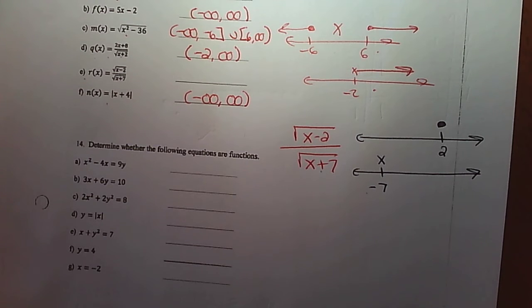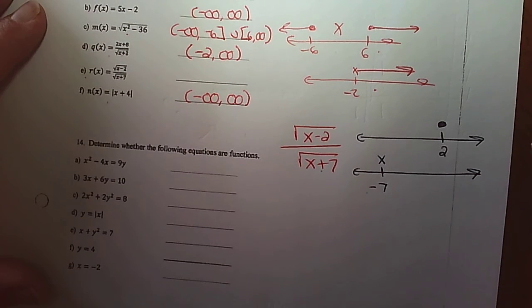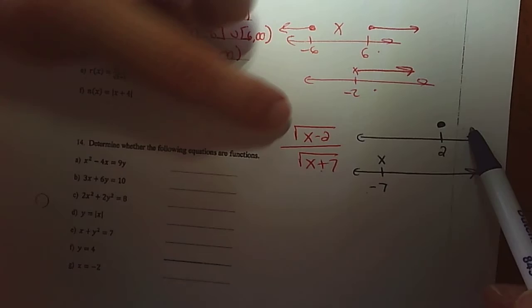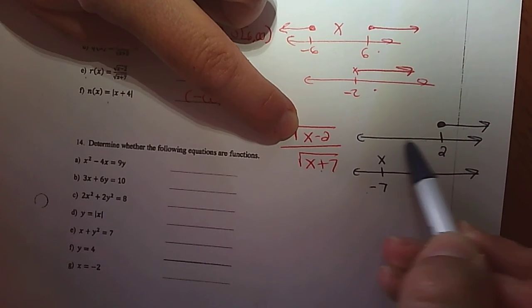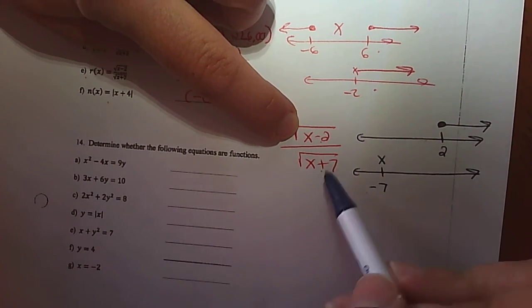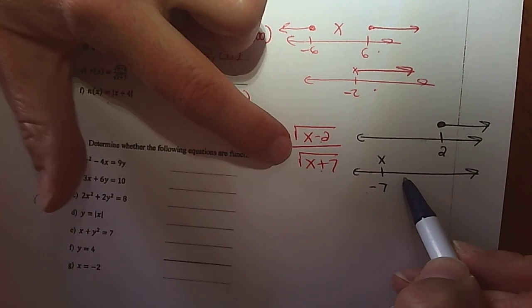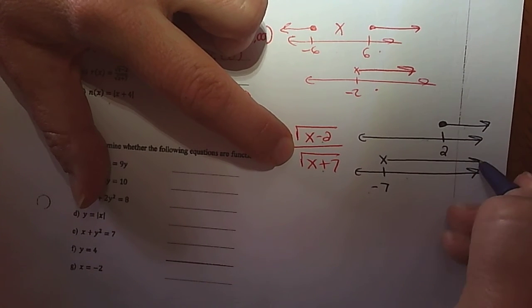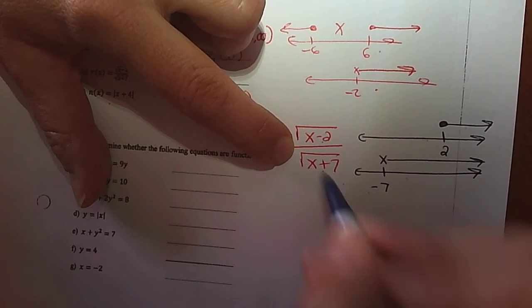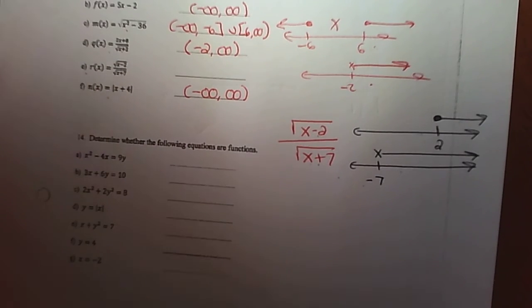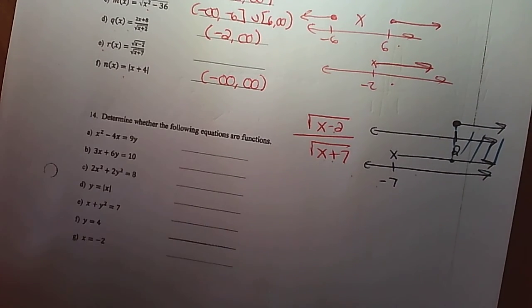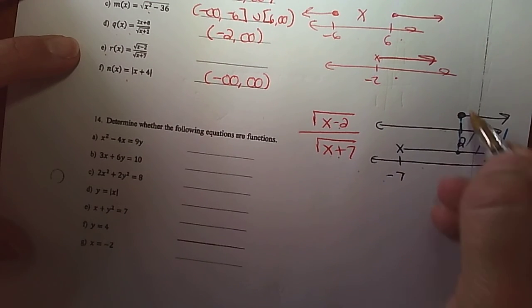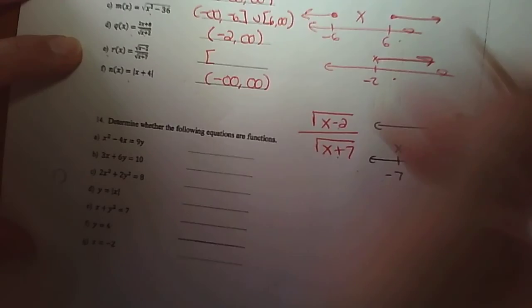Now, I'm going to test. Okay? My top here, I'm going to plug in a 3. 3 works. Right? Plug 0 in, it does not. Plug -6 in, that works. Right? Plug -8 in, it doesn't. So the answer here is where it overlaps. So the answer to E is going to be solid dot 2 and up.